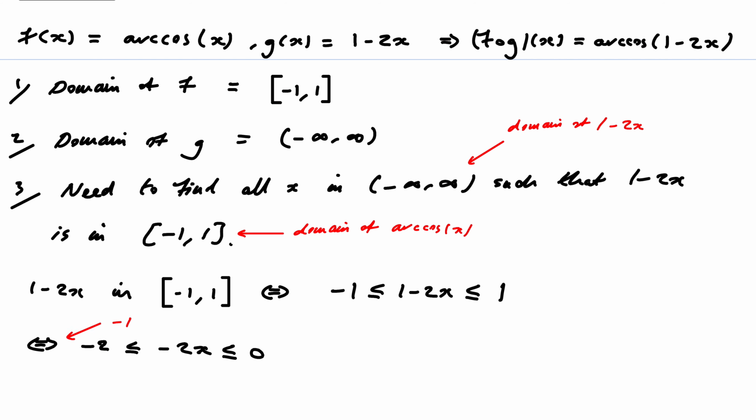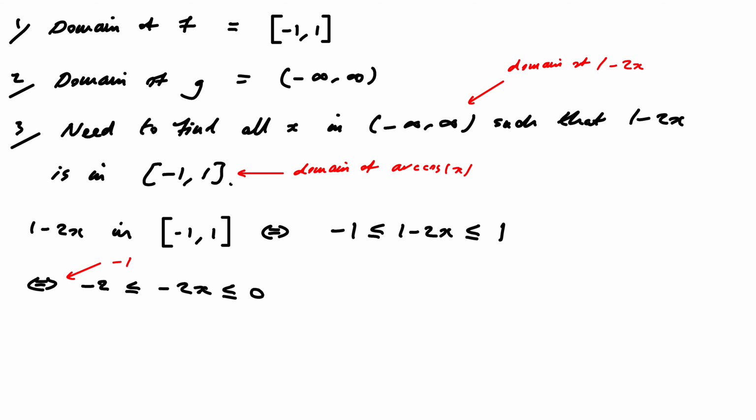Then I want to get x in the middle, because that's the best way to express things. How should I do it? I want to get rid of that minus 2. So to do that, I should multiply by minus a half, because minus a half times minus 2 is 1. But now this is if and only if what? Let me make sure we understand what I'm doing. I'm going to multiply by minus a half.